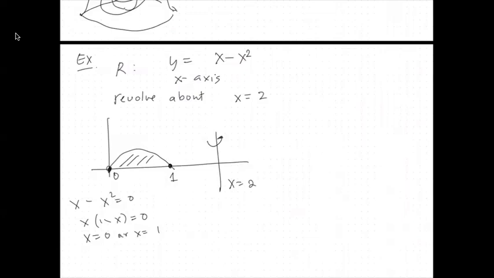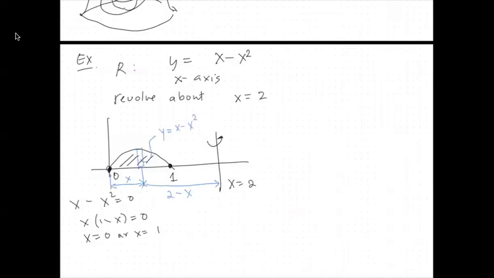Now we get a strip. Let's color it blue. From the strip, we have a distance from the y-axis. This is x. And then the distance from x is equal to 2 is 2 minus x. Now the height is just this function, y is equal to x minus x raised to 2.